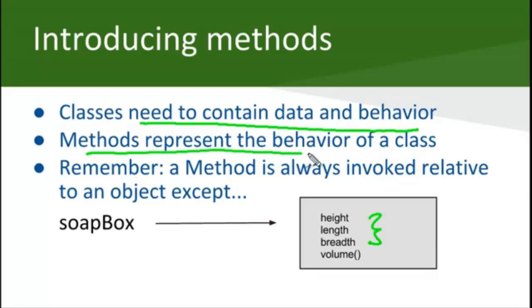For that we have methods, and methods represent the behavior of a class. Also remember that a method is always invoked relative to an object, except when it is defined as static, which we'll see later. But let us see through an example how methods in a class work, and the idea will be clearer.